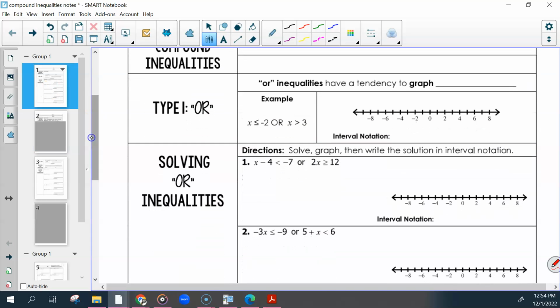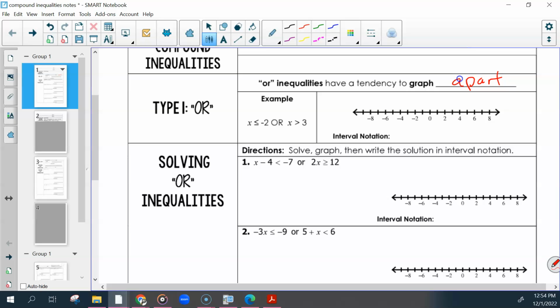So let's start with or. Or inequalities in this class, for our quiz, for our test, for our practice, have a tendency to graph apart. And you'll see what that means here in a second. So let's say we solved our inequalities and we got these two as our answers.